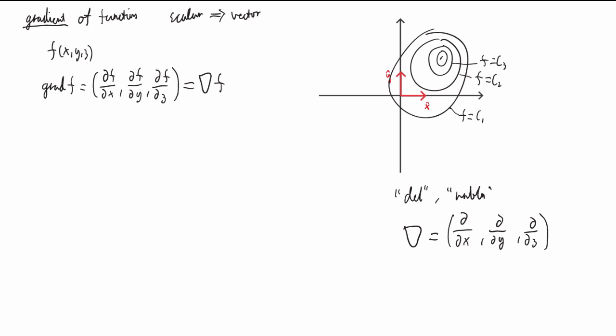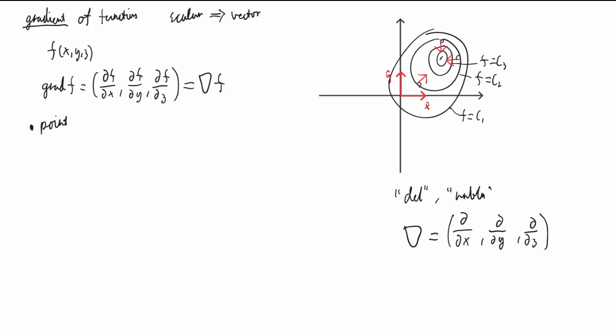The vector is going to point in the direction of the steepest ascent of the function, right? Which means that it will be perpendicular to the coordinate lines, like that. So that's one property that they have.